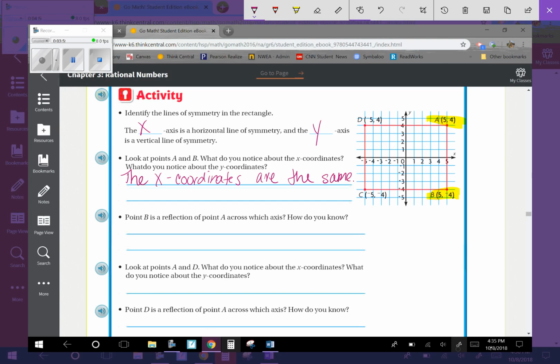But the y-coordinates, one is 4 and one is -4, which means that the y-coordinates are opposites. Point B is a reflection of point A across which axis? So B is here, A is here. So they're flipping over what axis here? And that would be the x-axis.